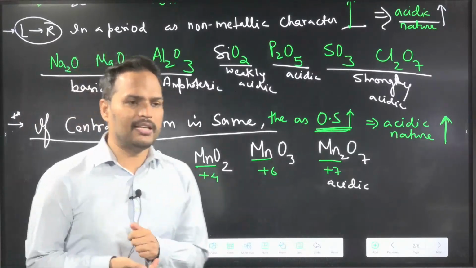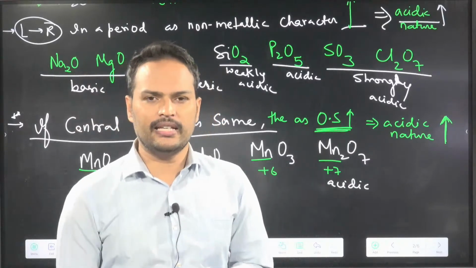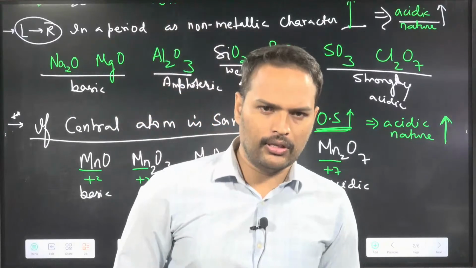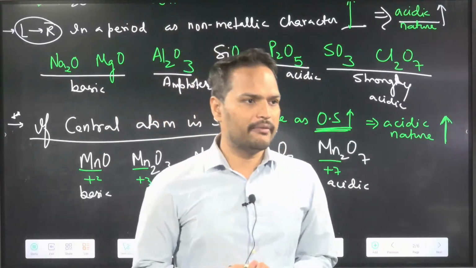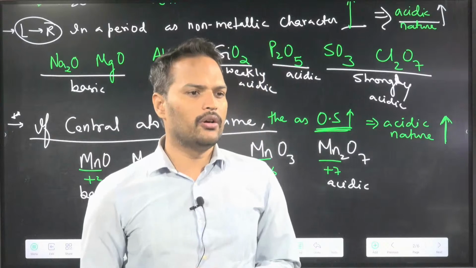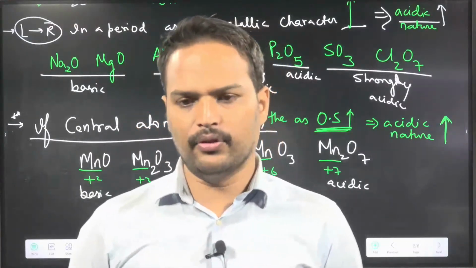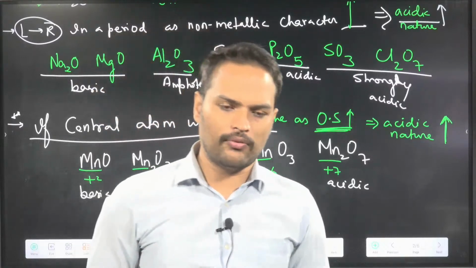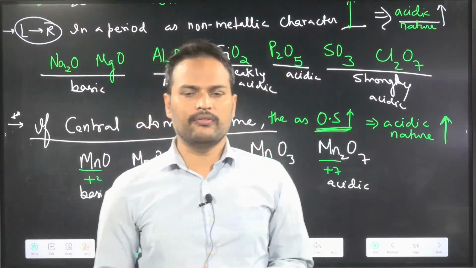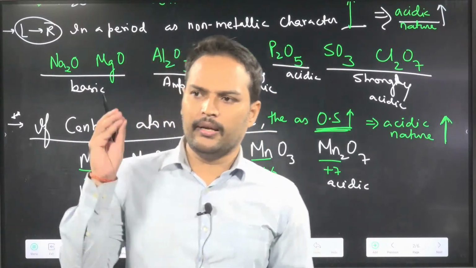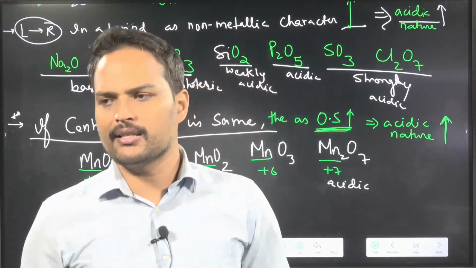We have studied mainly 3-4 topics like valency and a bit of oxidation state, anomalous behavior, diagonal relationship, and then we moved to oxides. In oxides, we have studied acidic, basic, neutral, amphoteric. Neutral examples you have to remember. Amphoteric, we have written few famous examples. Acidic oxide, put in water, you will get acid.